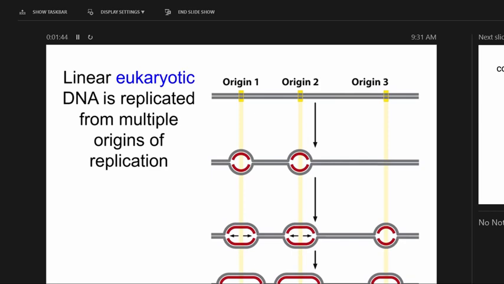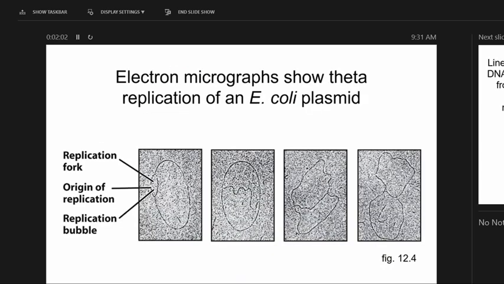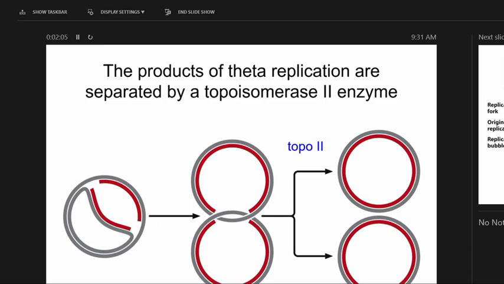And in eukaryotes, it's the exact same thing, only because you have multiple origins of replication, you get multiple replication bubbles, but still each replication bubble has a replication fork at either end, and they are moving away from one another. It's just that in prokaryotes, the replication forks move around until they meet, and that's the end because there's only one origin of replication.